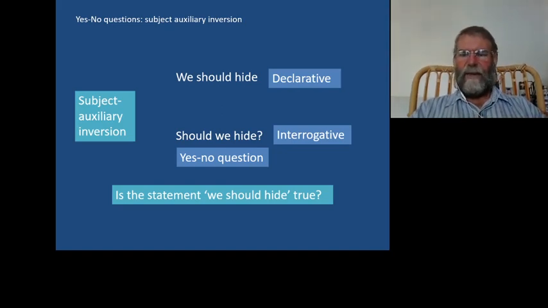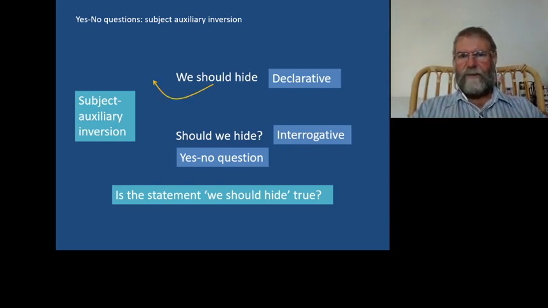Now, if you think about it, there are a number of things that could possibly be going on here to change that order. One thing we could do is take the subject and move it to some position behind the auxiliary verb, lower down into the structure closer to the VP.